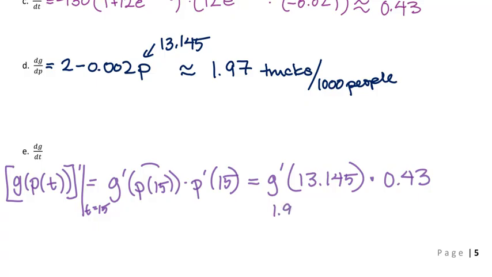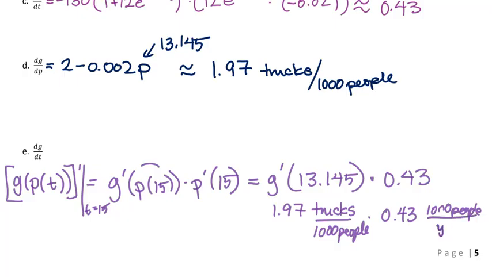We got 1.97, and the units can even be interesting here. This is trucks per 1,000 people. And then we're multiplying it by 0.43, and that was 1,000 people per year. So notice that our units, the people part crosses out, and we're getting trucks per year, which is exactly what we would want to get.